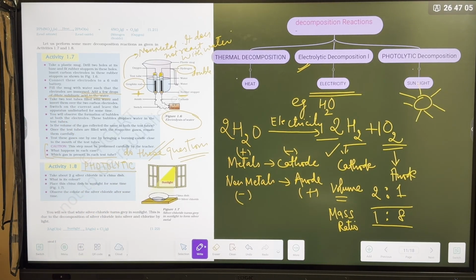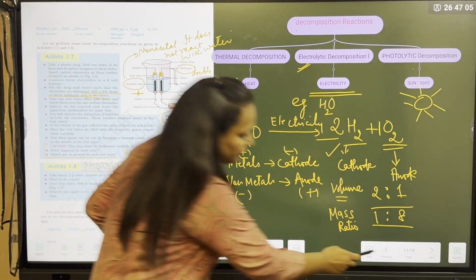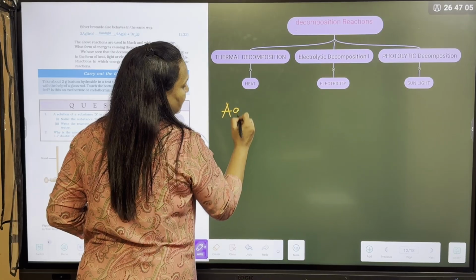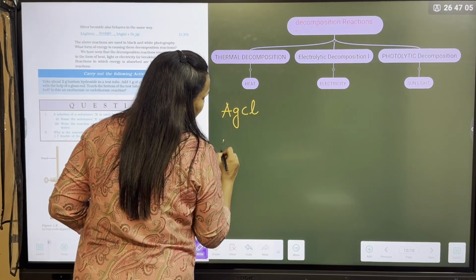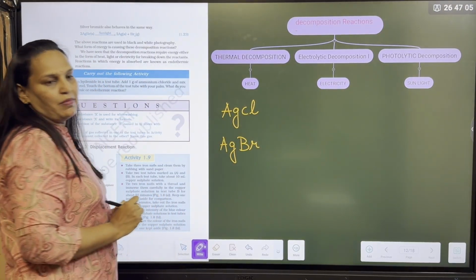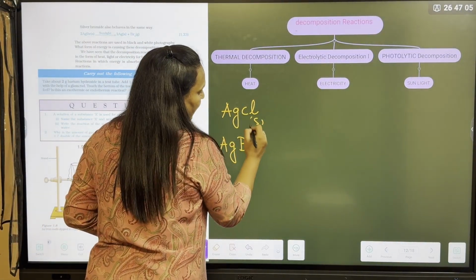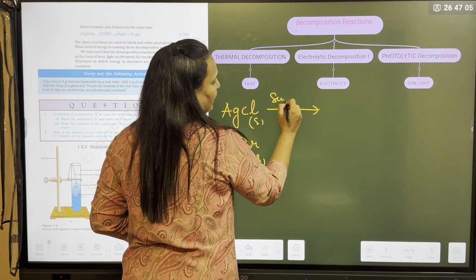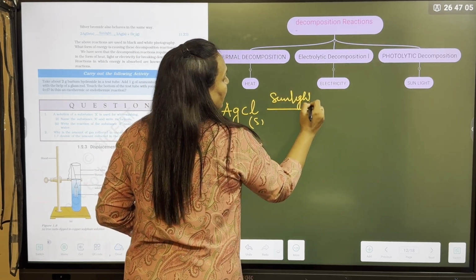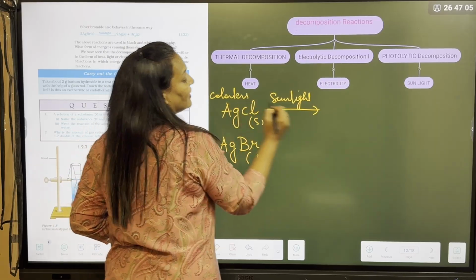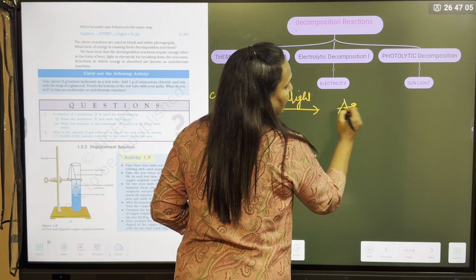In this case, we have two examples. What are the two examples? Silver salts, AgCl and AgBr, silver chloride and silver bromide. Both are solid. If you expose silver chloride to sunlight, it is itself colorless, but it will turn gray.